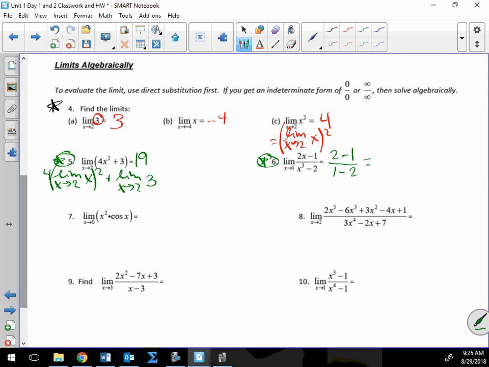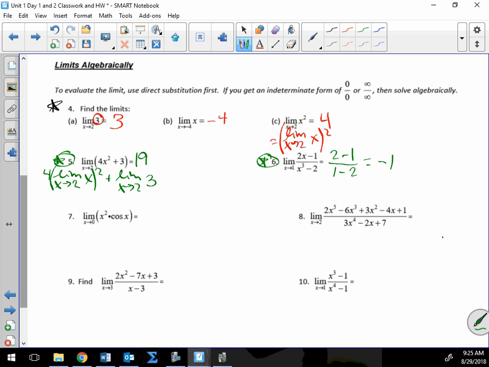Now notice that once we are actually evaluating the limit, I am no longer writing the limit in front of my answer. Right? I just actually have the answer. What do we say this one was? Negative 1? I am no longer writing the limit. So once you've actually evaluated it, when you do that direct substitution, don't write limit anymore, because you have taken the limit by doing that, by directly substituting.